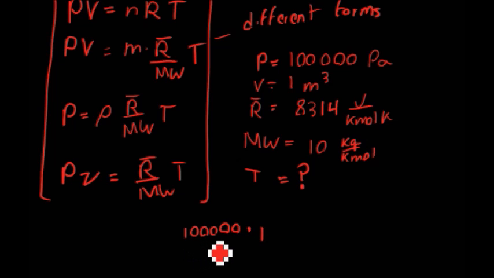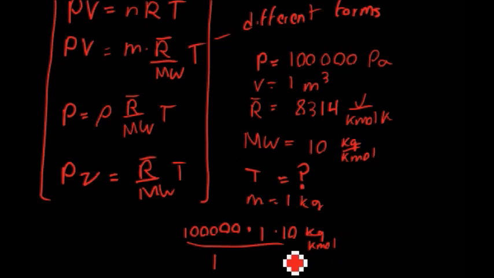Oh, I should have told you what the mass was. Let's say mass is 1 kilogram. So we divide by 1 kilogram. What else is left? We have to multiply by the molecular weight, 10 kilograms per kilomole. Let me take the units out. I haven't been showing them on the rest of them. What else is left? Oh, the gas constant, 8314.